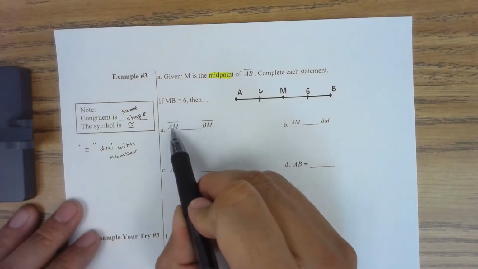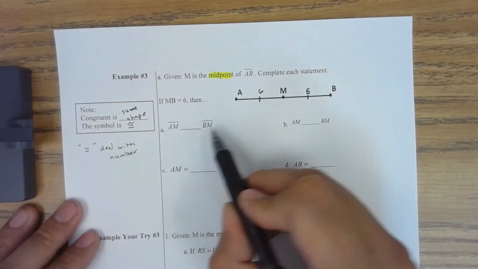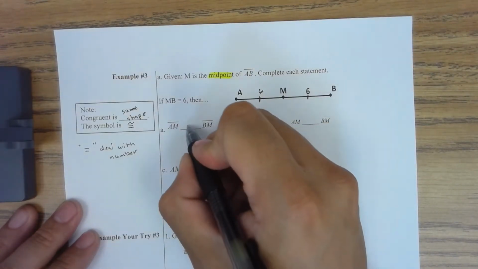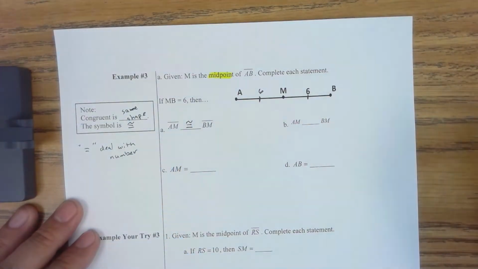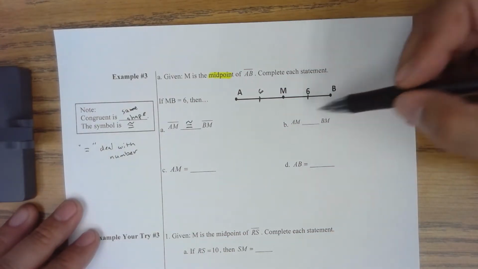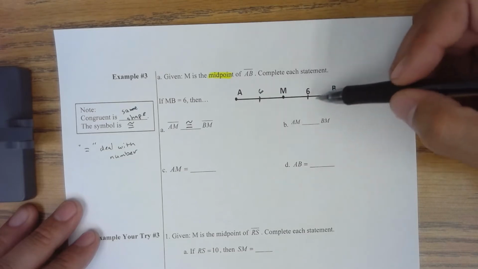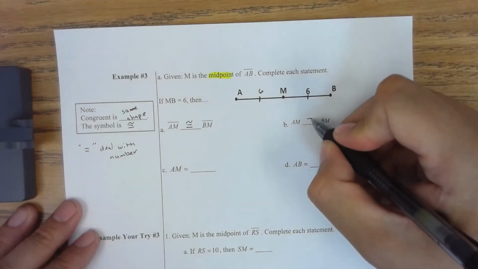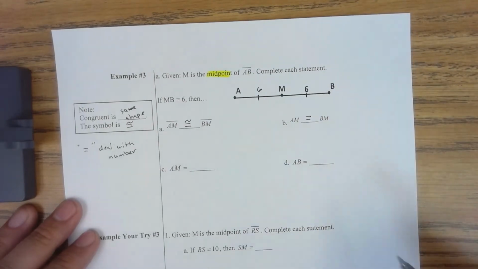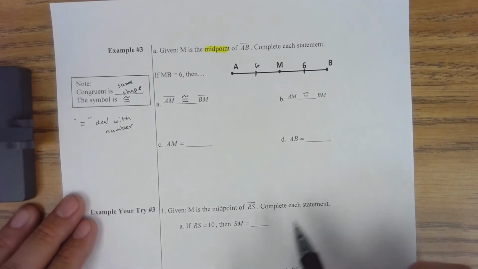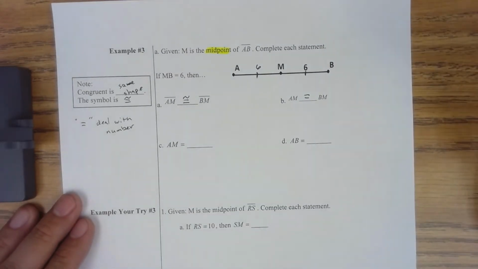Here we have segment AM and segment BM. We know they're both the same. Because we're talking about segments, we're talking about shapes here, so we use the congruent symbol saying that they're the same. Over here, AM and BM, notice it's talking about numbers, it doesn't talk about segments. So here we use the equal sign because we're dealing with numbers. Now take a look at C here. AM equals.